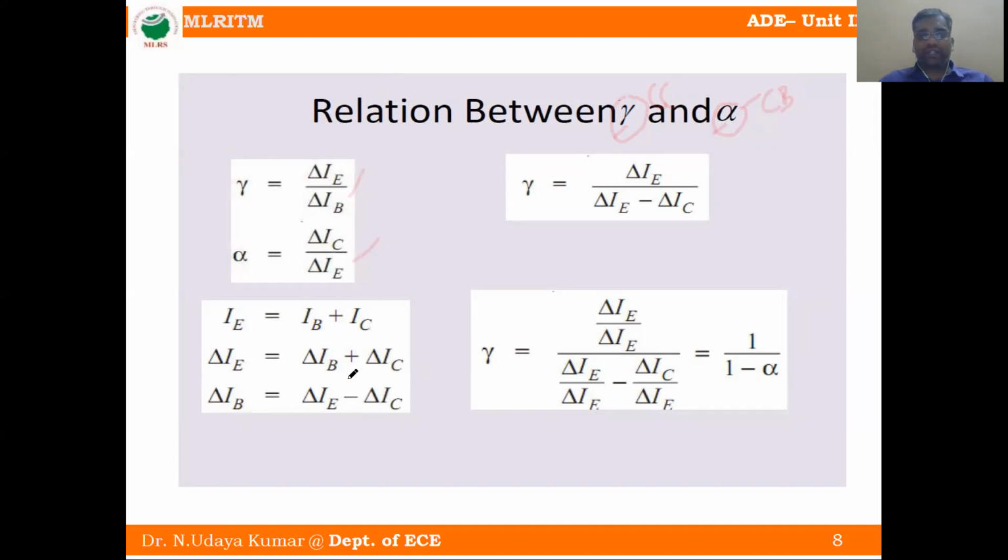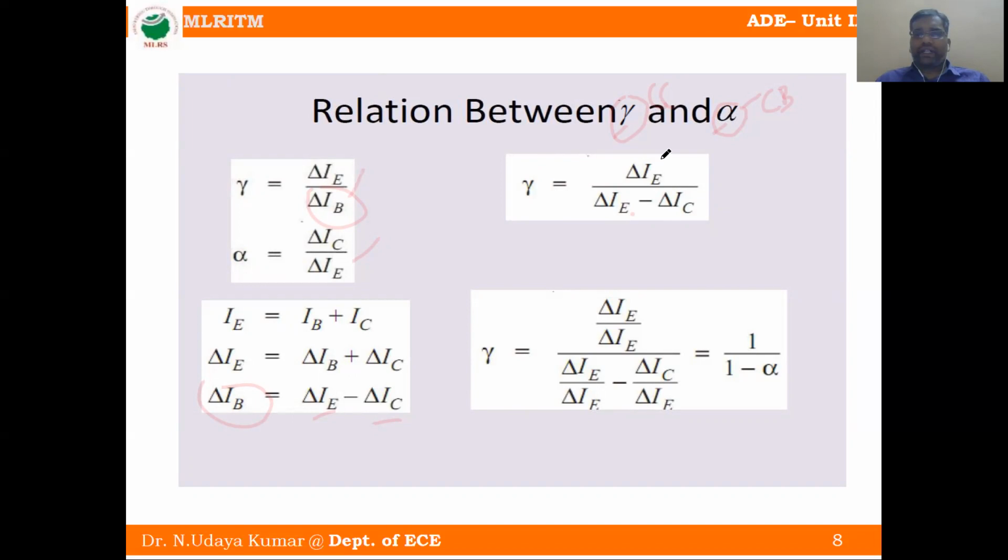Gamma is the change in IE by the change in IB, so replacing change in IB, we get change in IE over change in IE minus change in IC.